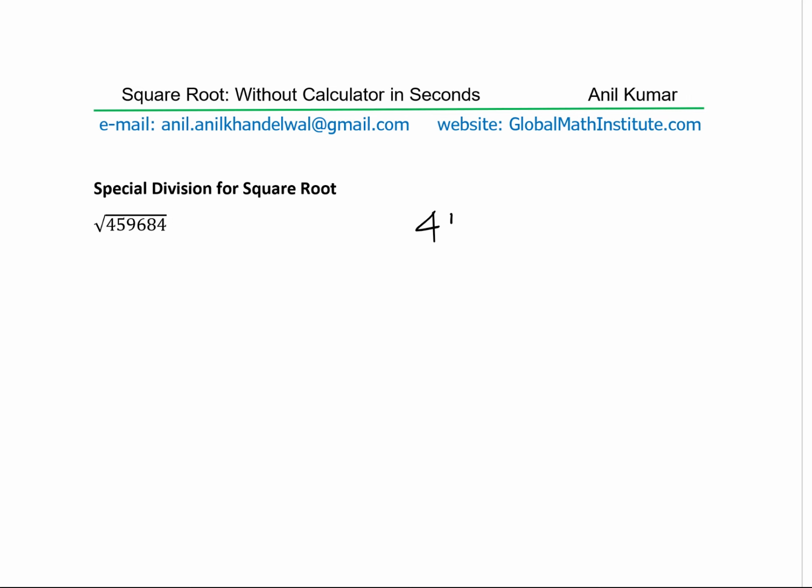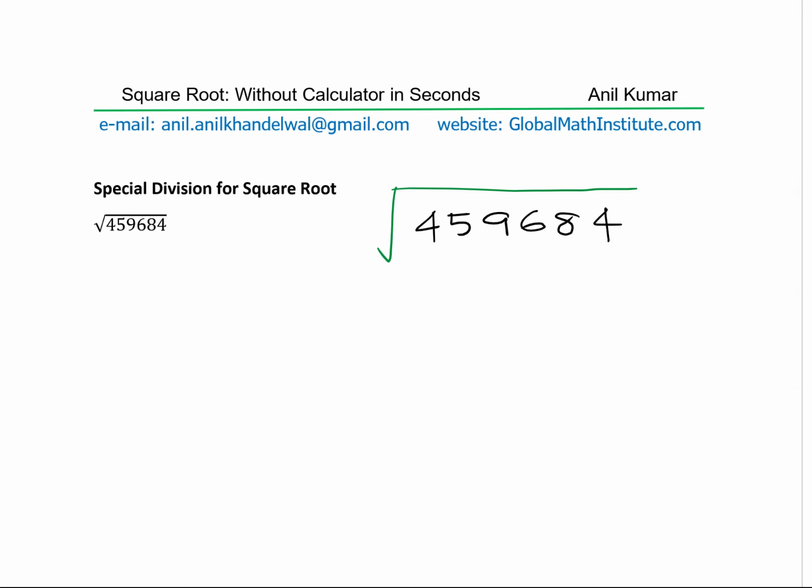The number is 459,684, and we need to find the square root of this number. I'm going to use a special symbol for division in this case, which looks kind of like a square root, but treat it as a division.